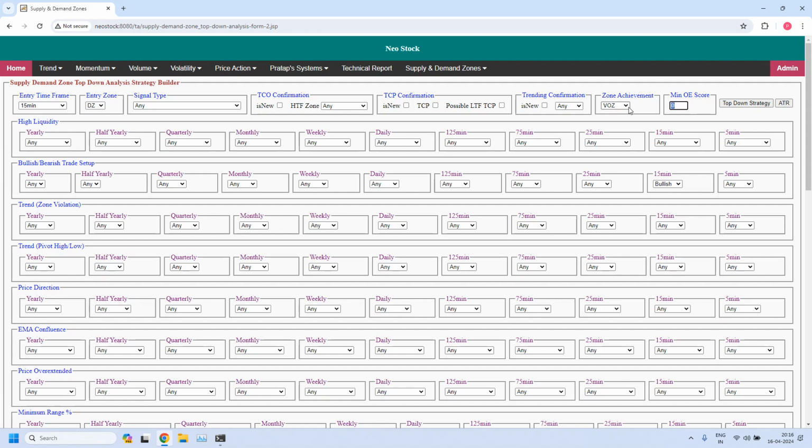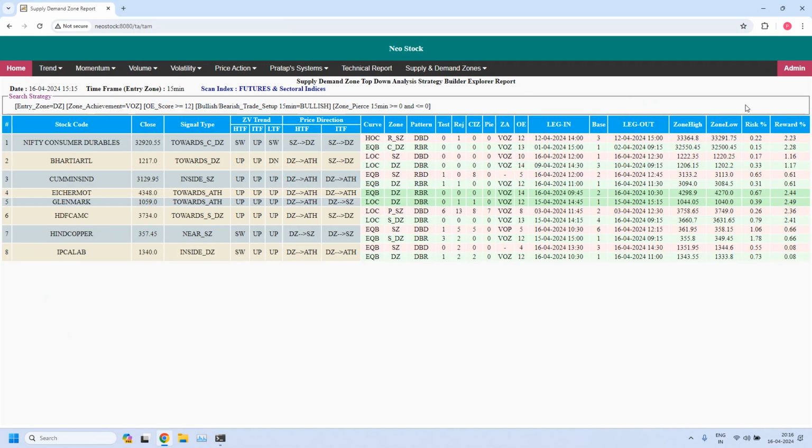And the minimum odd and enhancer score for bullish or bearish trade setup should be 12. So that's why I entered the value 12, and let me filter. Currently these 8 stocks are supporting bullish trade setup for daily income trade. See here, daily income trade entry time frame is 15 minutes. And you can look into the search strategy to understand what values, what filters we added to our strategy builder.